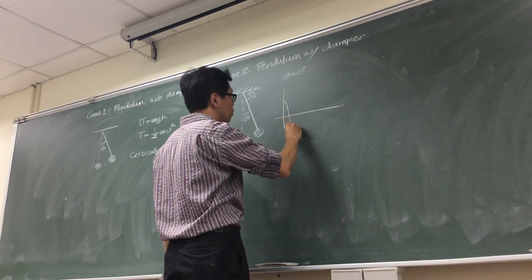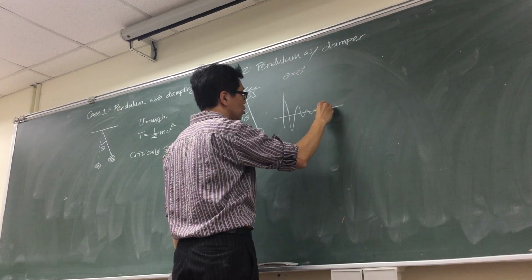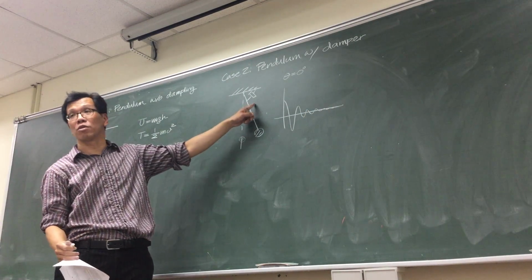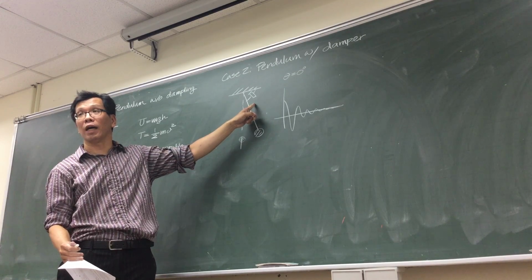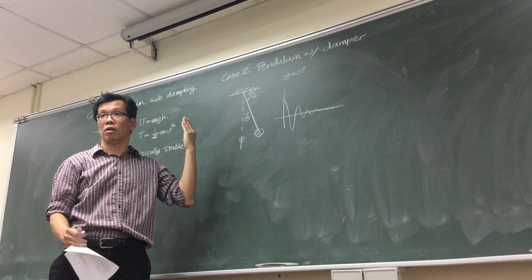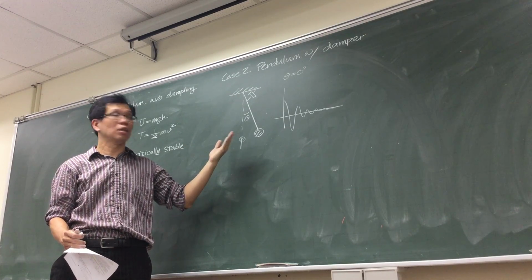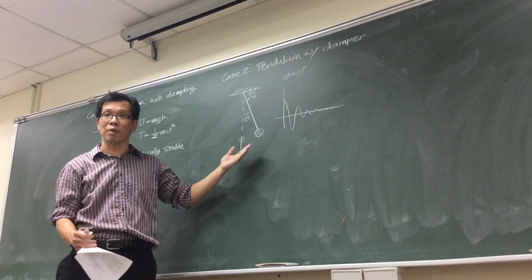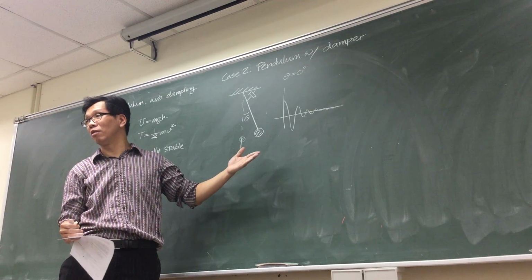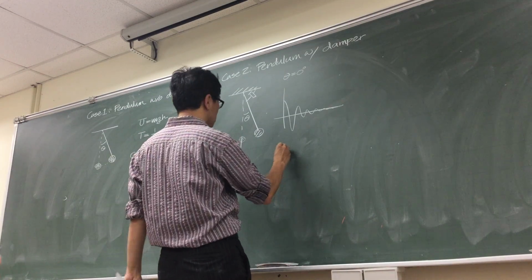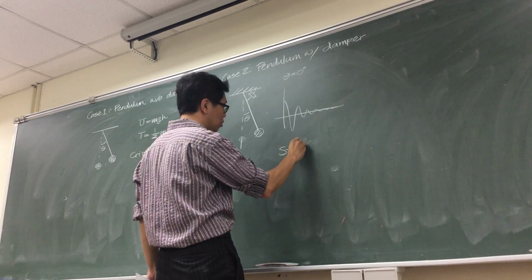I add a damping to a system, which means I add a pole to the left-hand side. So when I do something like this, it can be a first order system. When this one is a first order system, is it stable or not stable? Stable, right? So this one is stable.